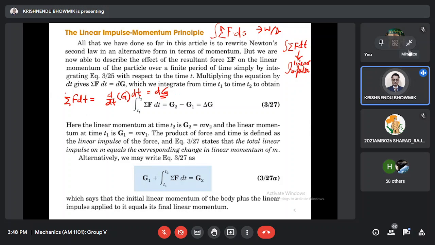If you integrate from t1 to t2, the integral of summation F dt equals G2 minus G1, that is delta G. So linear impulse equals the change in linear momentum.